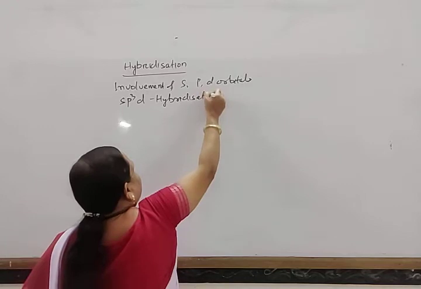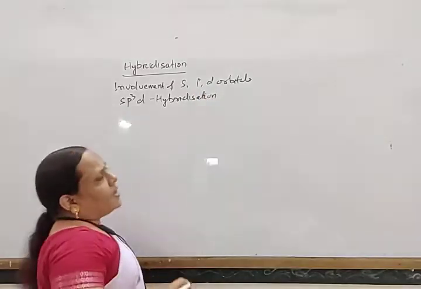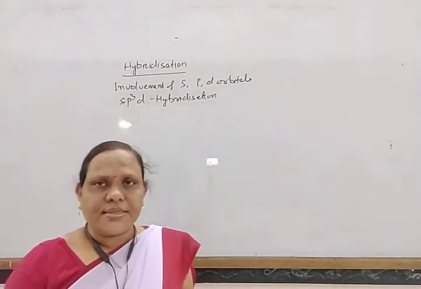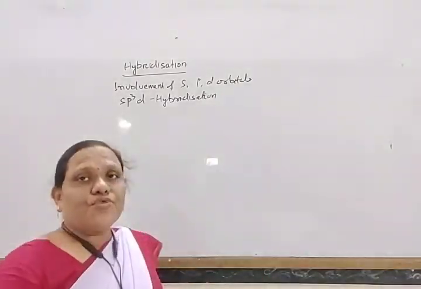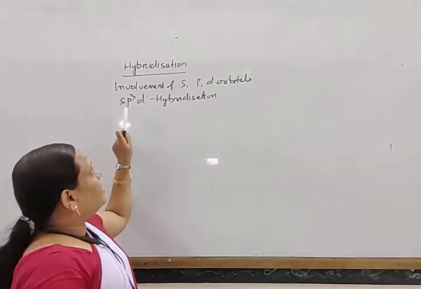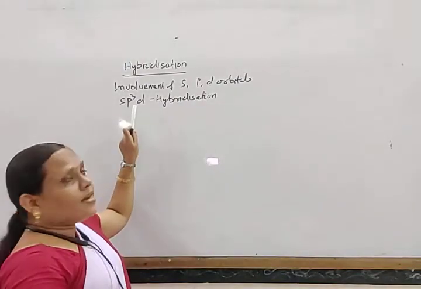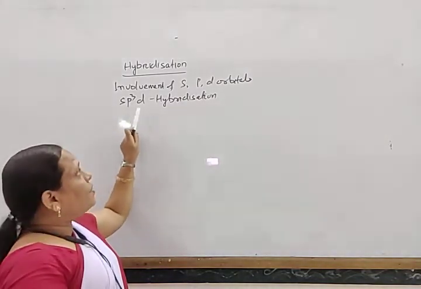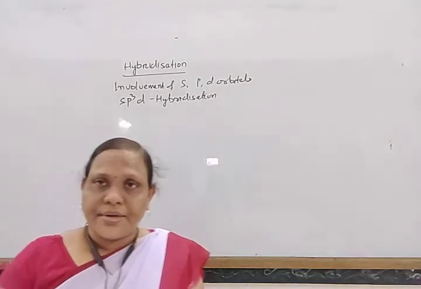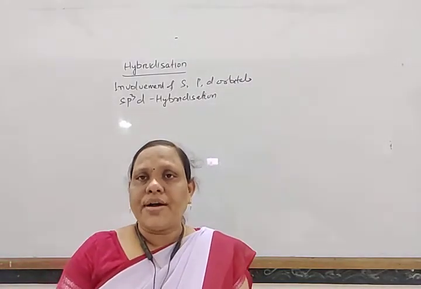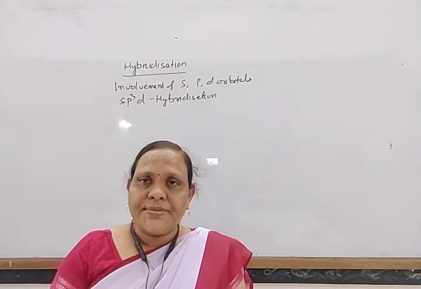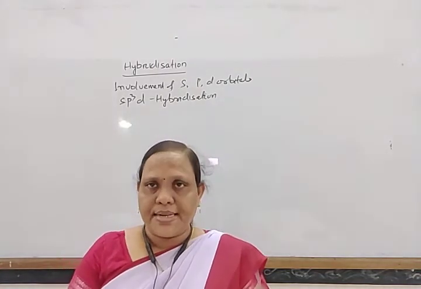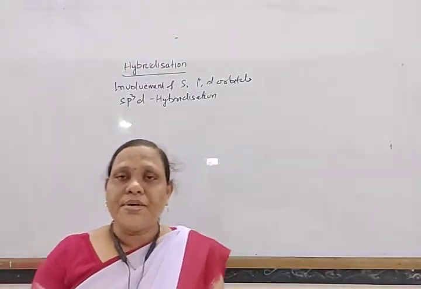In sp3d hybridization, as the name suggests, 1 s orbital, 3 p orbitals and 1 d orbital of an atom's valence shell get intermixed and give rise to 5 equivalent hybrid orbitals, that is sp3d hybrid orbitals.